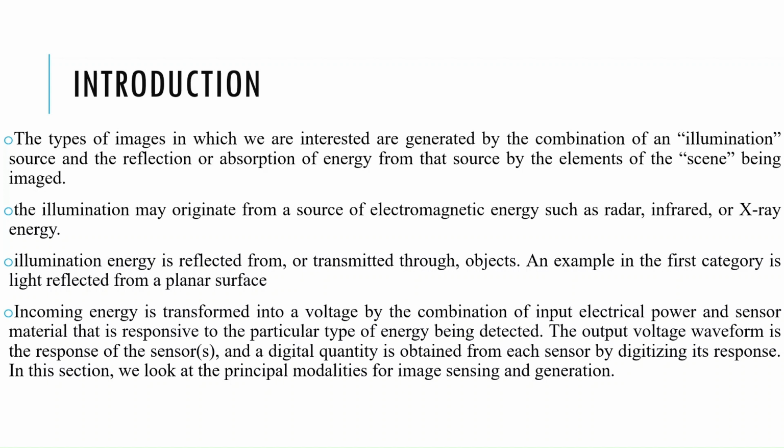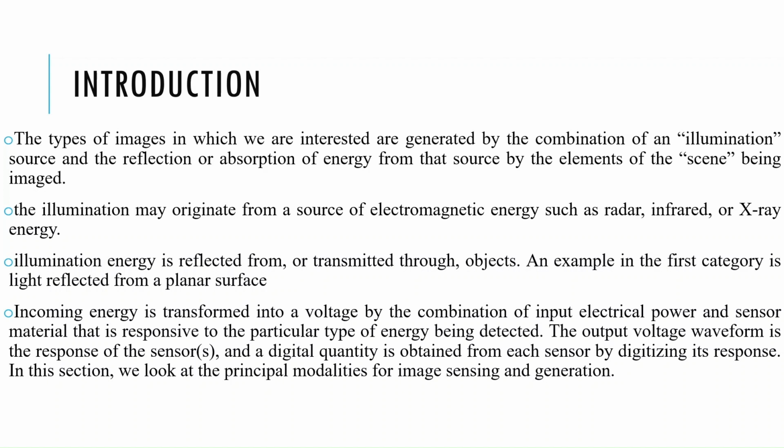The types of images in which we are interested are generated by the combination of an illumination source and the reflection or absorption of energy from that source by the elements of the scene being imaged. The illumination may originate from a source of electromagnetic energy such as radar, infrared rays or X-rays, and this illuminated energy is reflected from the object that is to be imaged, or it is transmitted through objects.